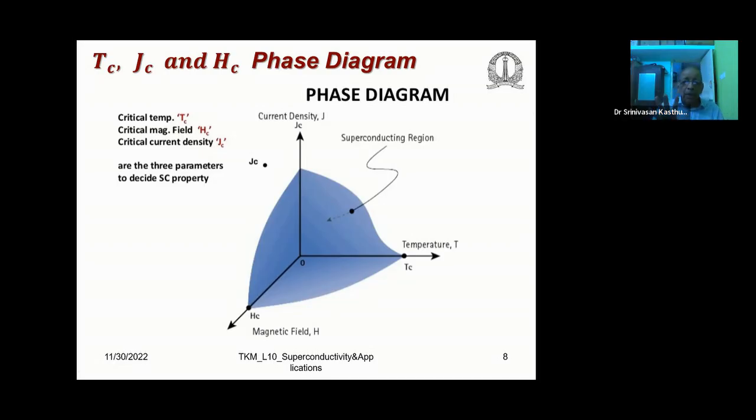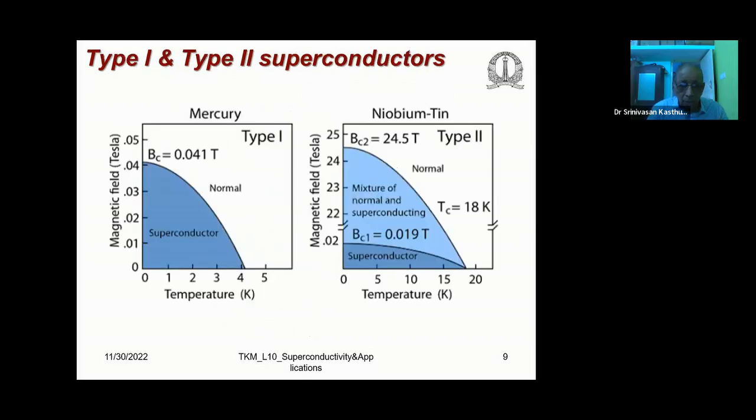So there are three basic parameters which we will try to improve in the system. Please note this. Superconductivity exists within this phase diagram, from 0 to HC, 0 to JC, or 0 to TC, that is the zone in which superconductivity exists. Okay, this is very important to understand, because this will decide our understanding of superconductivity.